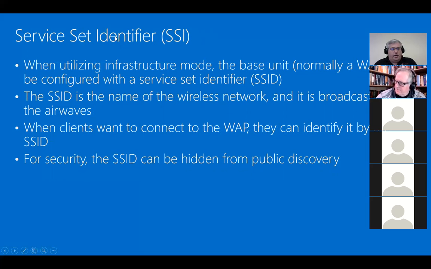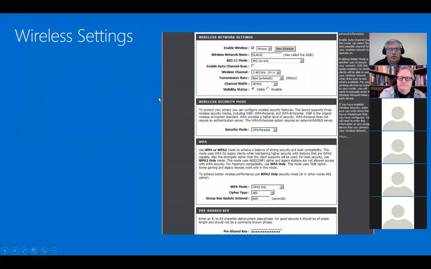All right, service set identifier. It's also SSID, and we already kind of talked about that a little bit. This is just an example of what some wireless settings would be on what looks like an access point.